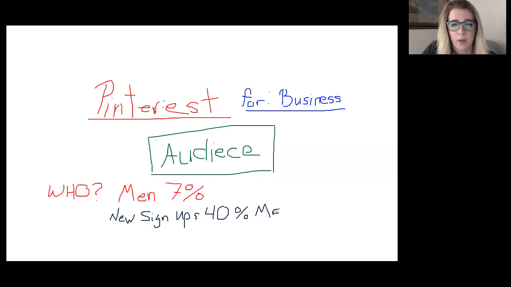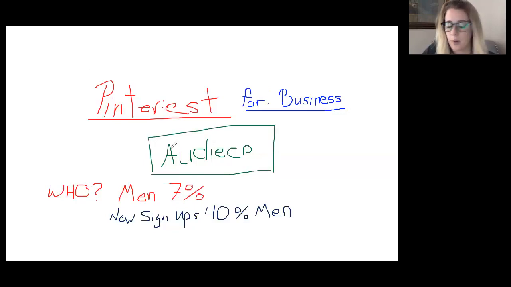Well, if the current population of Pinterest is about 7% men, but 40% of new signups are men, that means that there's going to be a lot more men on Pinterest. There already are a lot more men on Pinterest, probably from the time that this stat was created to this video was created, and even more so now while you're watching this. So men are increasingly growing a presence on Pinterest, which is one thing to keep in mind, and compare that to who your target audience is.